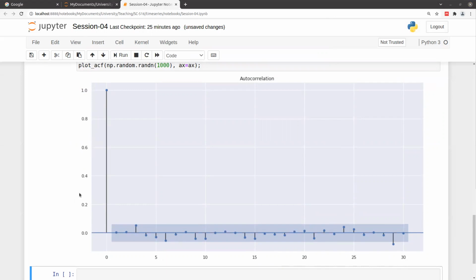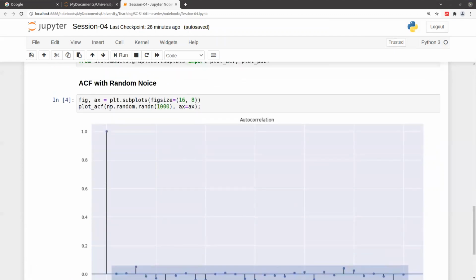In the vertical lines, this is the correlation. At lag 0, the correlation is 1. That's obvious, because it's comparing the same time series data point with itself. But in the other places, all the correlation coefficients are within the confidence interval.